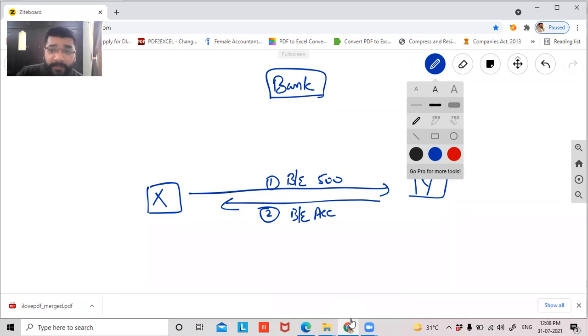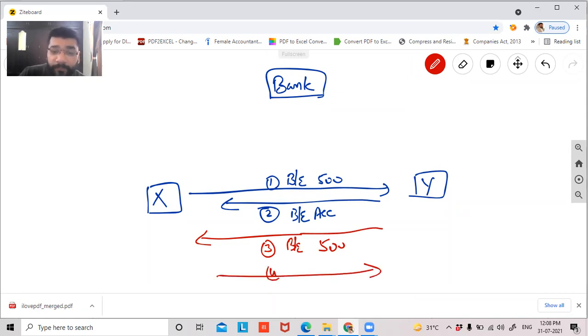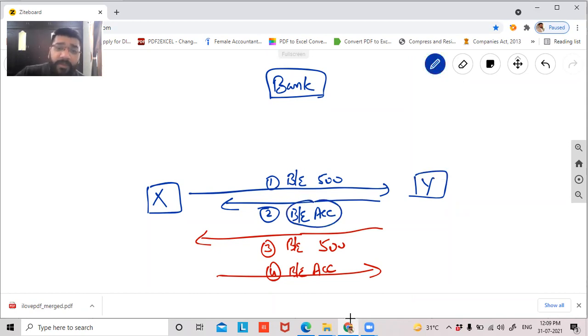Then what is happening is Y is drawing a bill of exchange, and now the acceptance is given by whom? By X. Then what is happening? This bill, which X received, X is discounting.